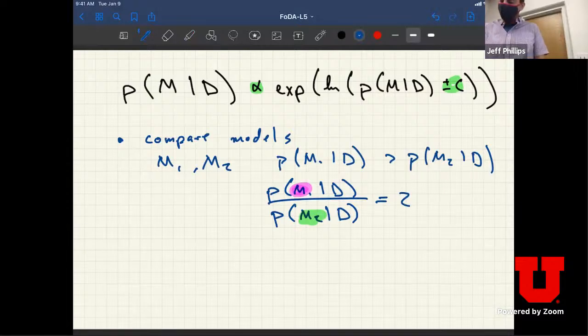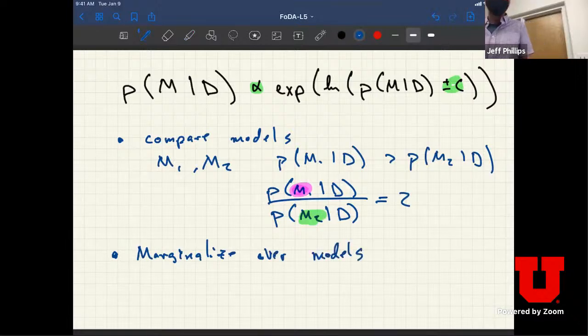Okay. So another thing we can do, and this is sometimes the case, is marginalize over some models. Remember, what was marginalization from the probability review?